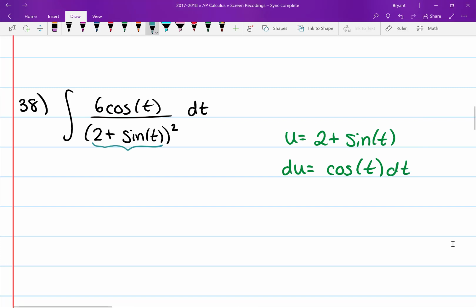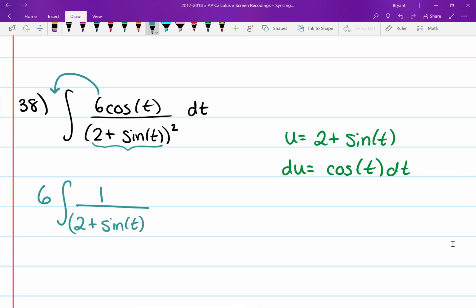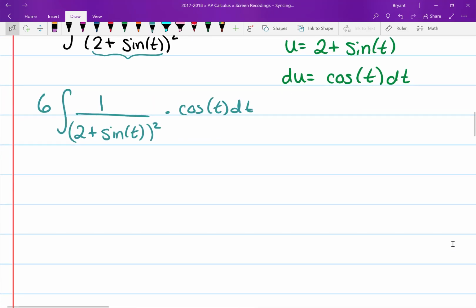So now what we're going to do is take this 6 and get it on the outside of the integral. So you get 6 times the integral of 1 over 2 plus sine of t squared times cosine of t dt. Notice that this is my u sub. I'm good to go. And I get 6 times the integral of 1 over u squared du.